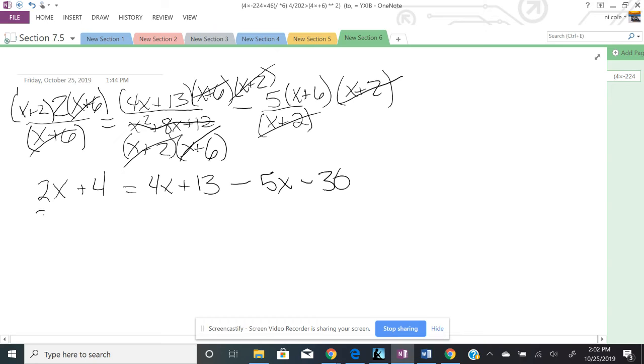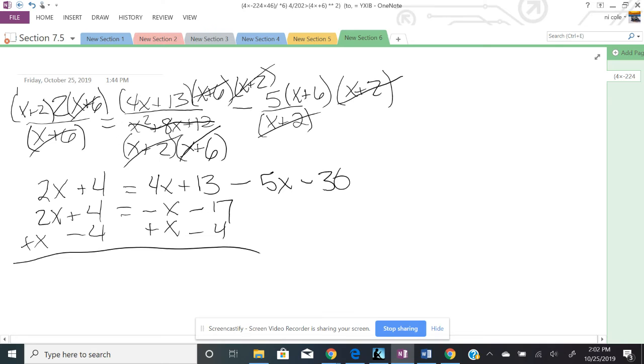I'm going to combine like terms, so I've got 2x plus 4 is equal to negative x minus 17. Add x, minus 4. So therefore I get 3x is equal to negative 21. Divide by 3, divide by 3, and x is equal to negative 7.